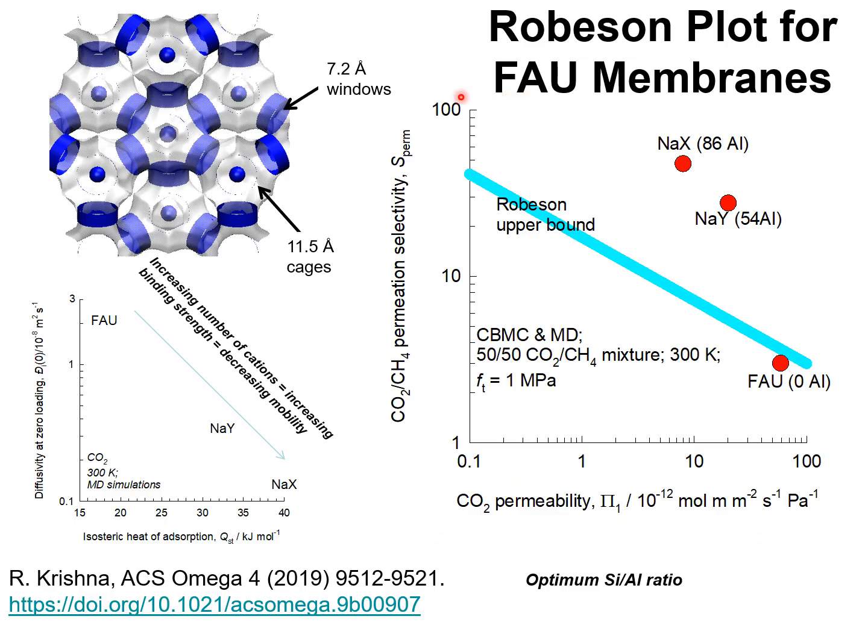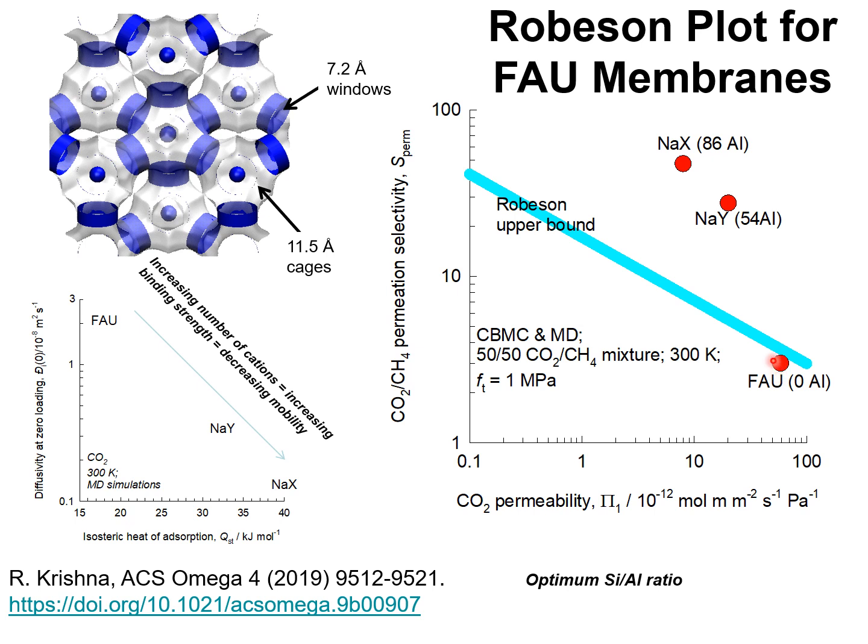In this plot, I show the permeation characteristics of cation exchanged faujasite membranes. This represents faujasite with no extra framework cations. This is sodium Y with 54 sodium cations per unit cell. This is sodium X with 86 sodium cations per unit cell.